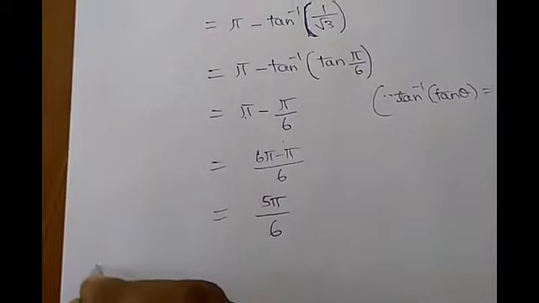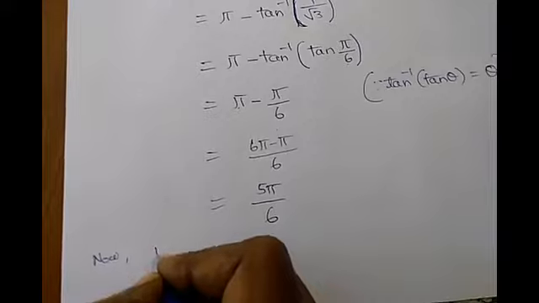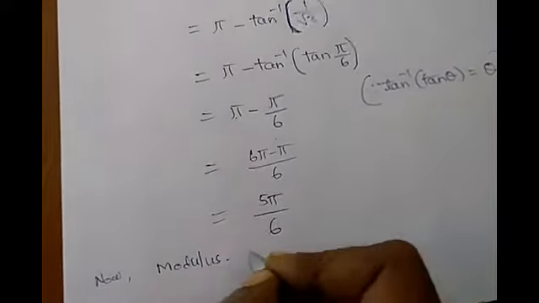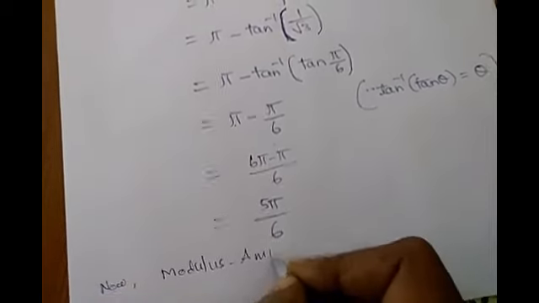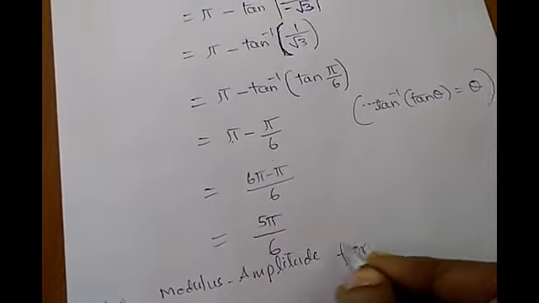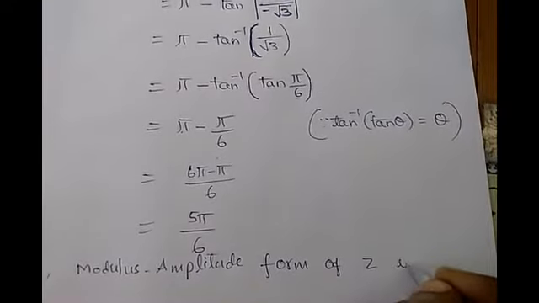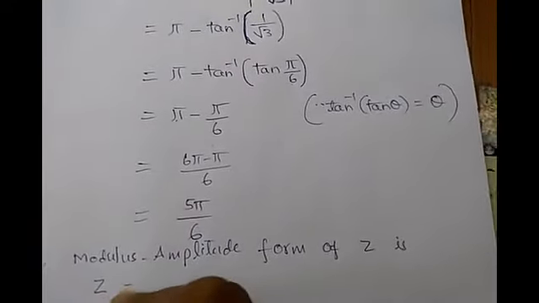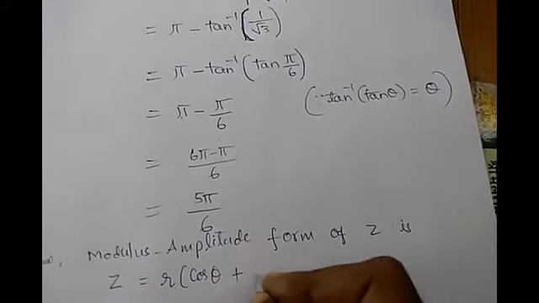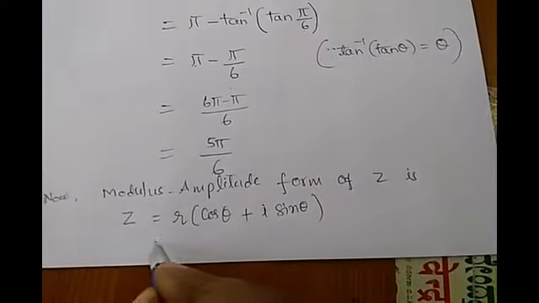That means the modulus amplitude form. The modulus amplitude form of Z is Z equal to R into cos theta plus i sin theta. What is R?